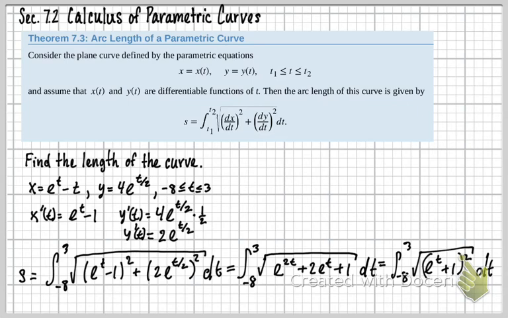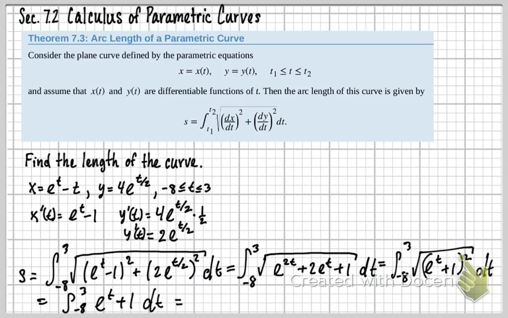And the reason why you want to factor this one is because the square and the square root are going to cancel out. So now I end up with the integral from negative 8 to 3 of e to the t plus 1 dt. And this is actually going to be a very simple integral now, since we're able to simplify it as much as we did.